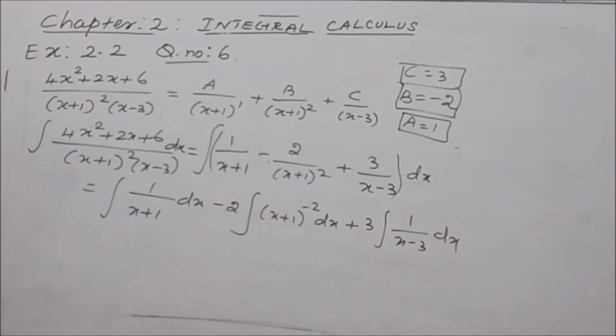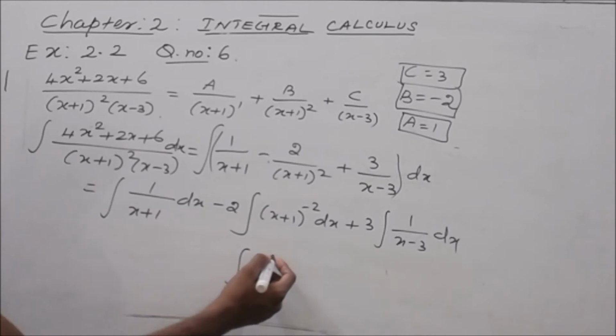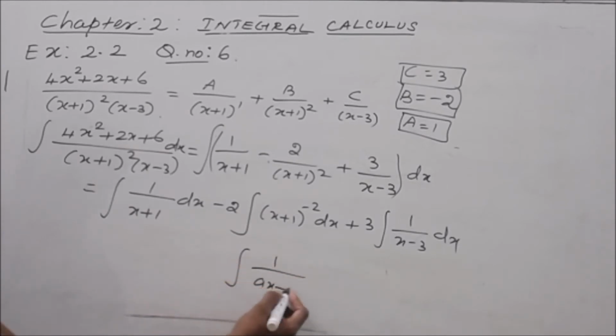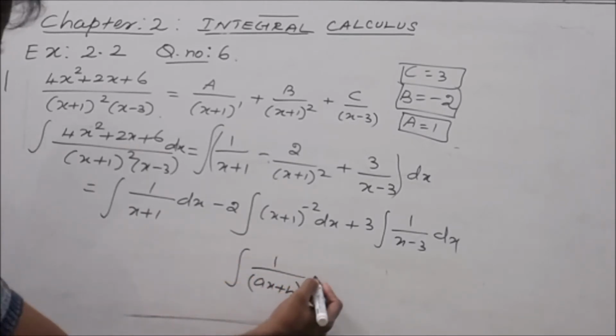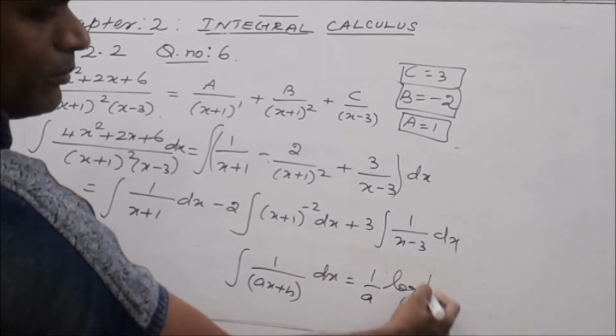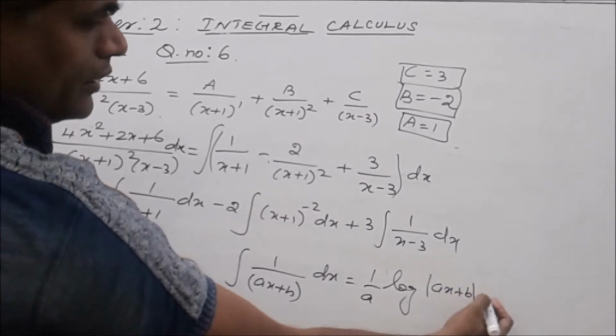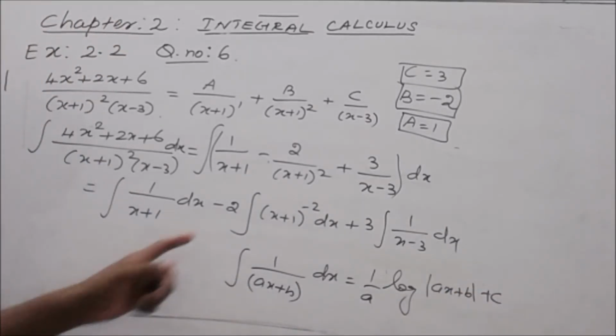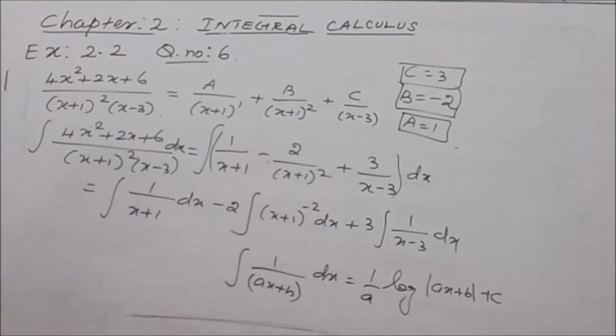Now integrating, this is in the form of the integral of 1 by ax plus b dx, which is equal to 1 by a log of modulus of ax plus b plus c.